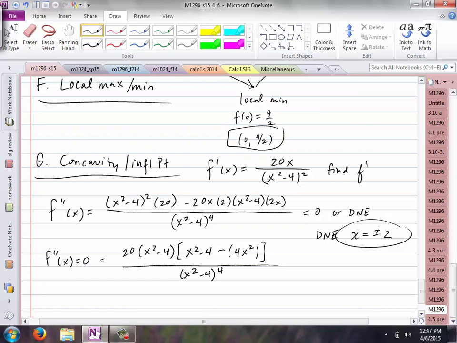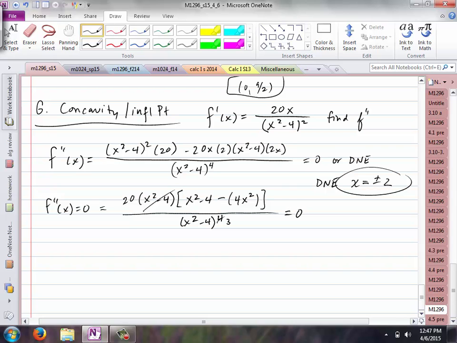All right, what do you notice here? Doing some algebra. We got a factor of x squared minus 4 that cancels out, right? So factoring first was definitely worthwhile, because it was partially factored with the answer to the quotient rule. Okay, that 20 could go away too.